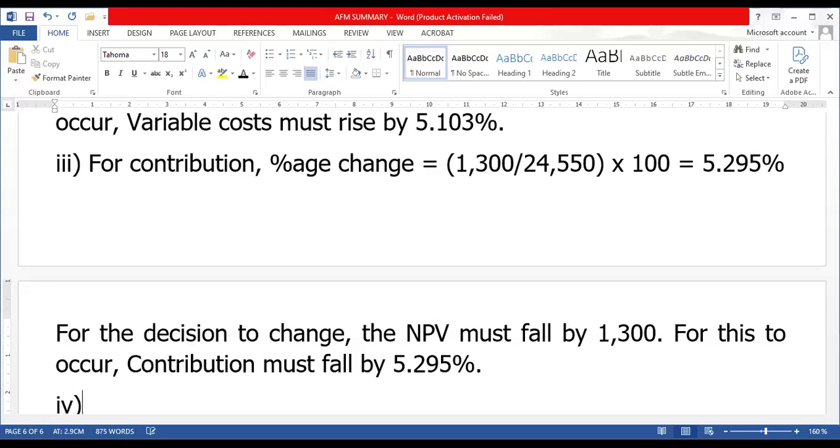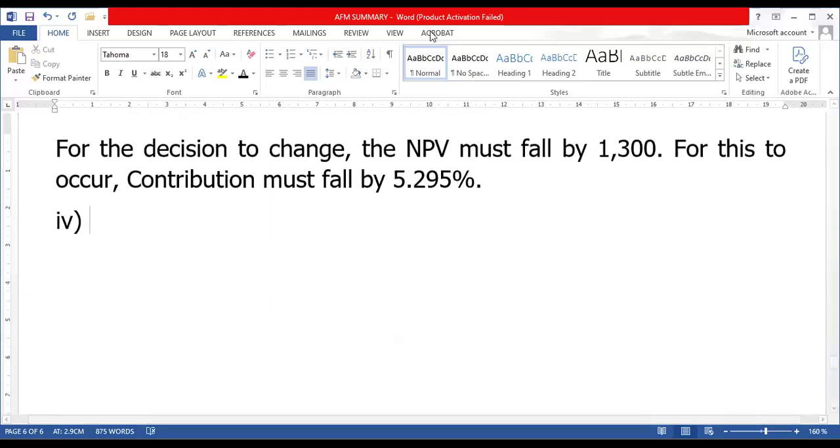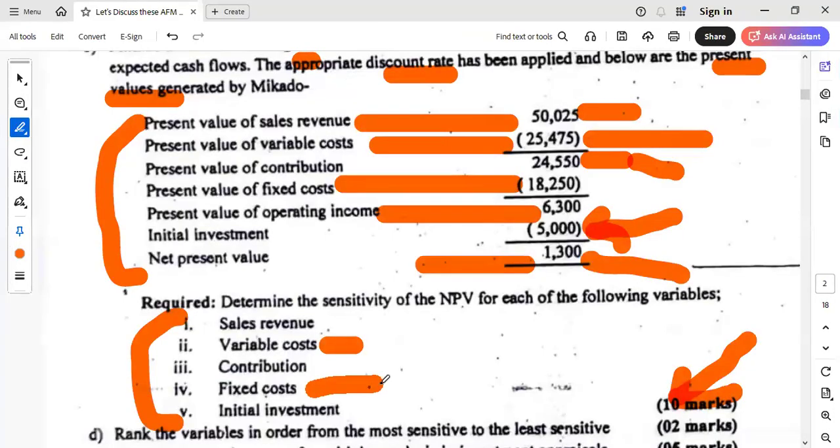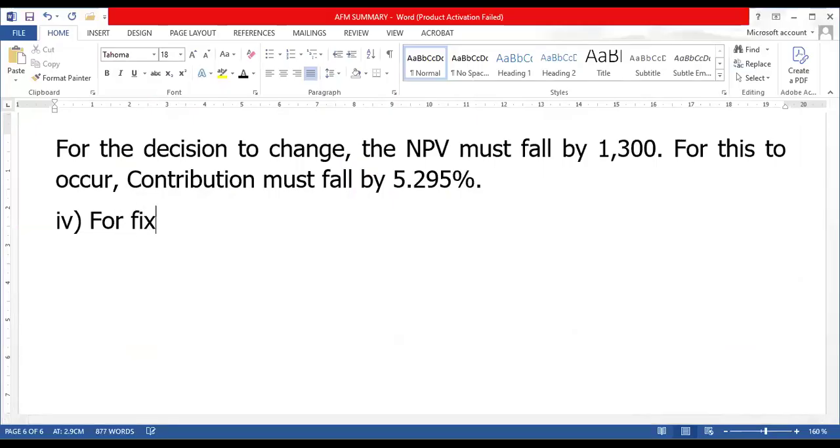All right. Then number 4. Roman 4 is about fixed costs. Now the test variable is fixed cost. So you are also going to get the percentage change. For fixed costs, percentage change is equal to what?